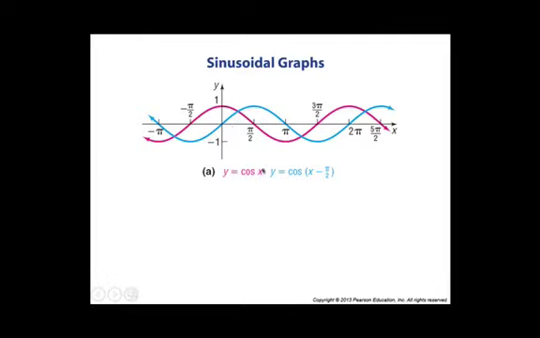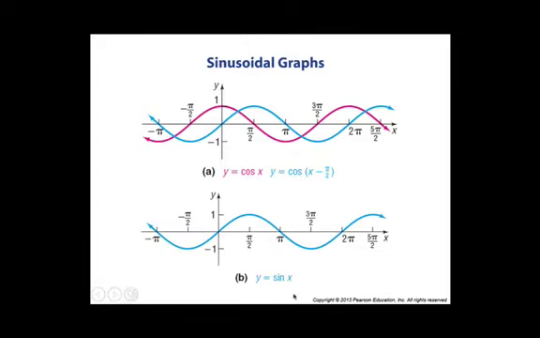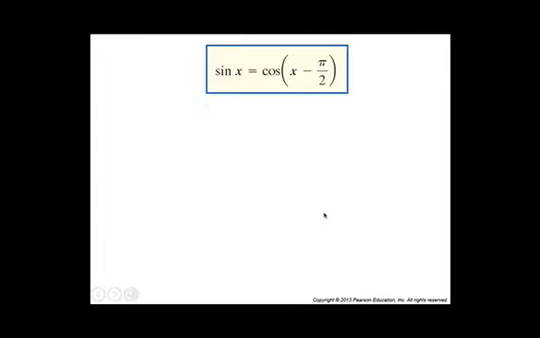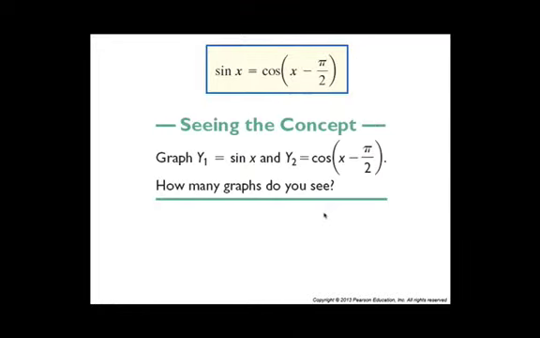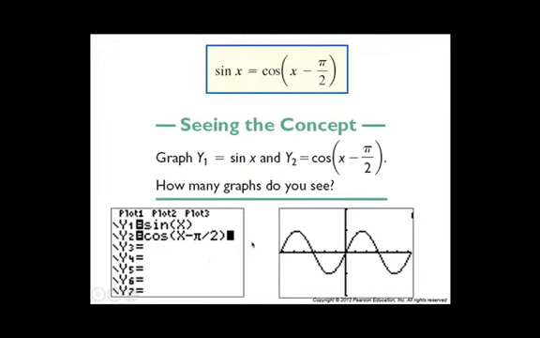If we were to replace this with a sine wave of x, it would be identical. So therefore, what we can say is the sine of x is equal to the cosine of x minus pi over 2. And if you were to graph it out on a calculator, this is exactly what you would see. You wouldn't see any difference as far as the shift goes.